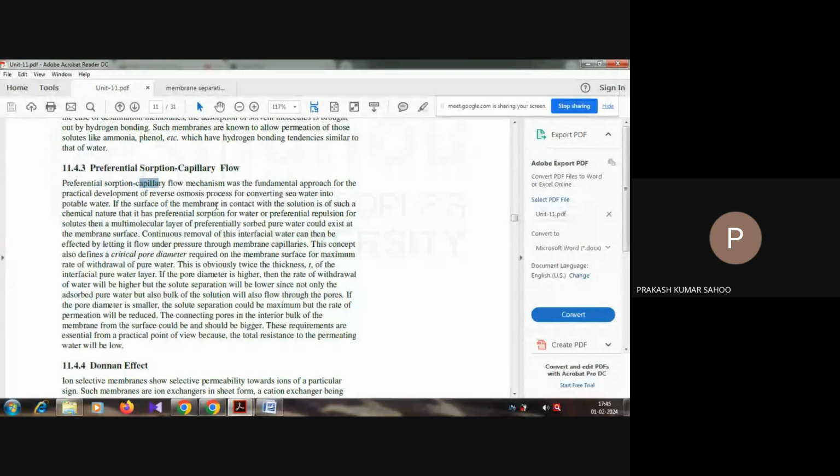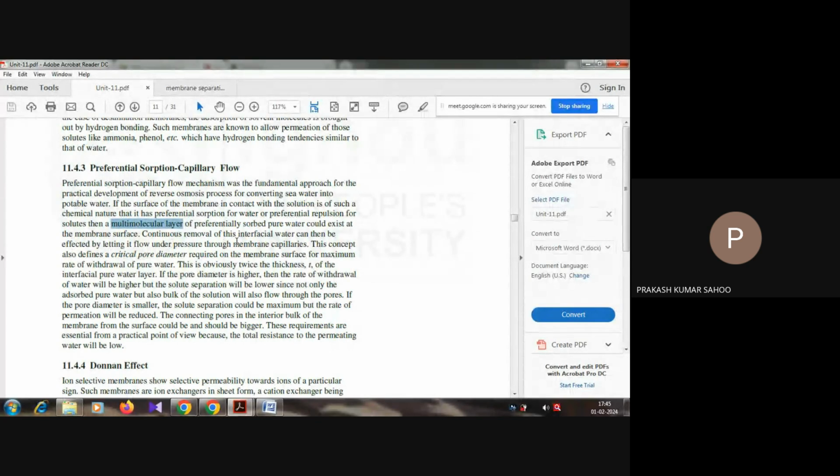So if the surface of the membrane in contact with the solution is of such a chemical nature that it has preferential sorption for water or preferential repulsion for solute, then a multimolecular layer forms, which means it is adsorption. Foreign particles get adsorbed on the surface of the adsorbent. Preferentially sorbed pure water could exist at the membrane surface.